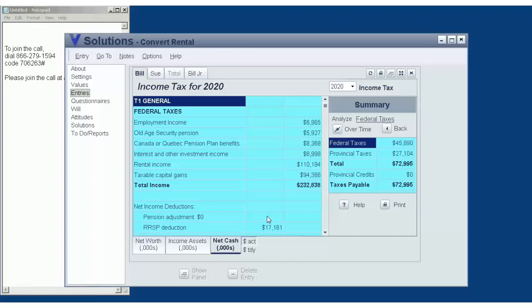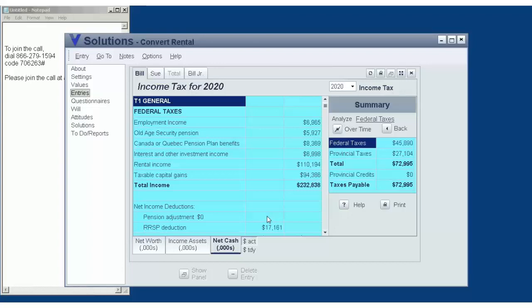So we were getting a whole lot more cash flow because we're making that CCA claim. So that's part of the attraction of the rental property. But if we choose to sell it at some point, then all of that CCA claim is going to come back. We're going to have to pay tax on it. So this is one of the issues in converting.